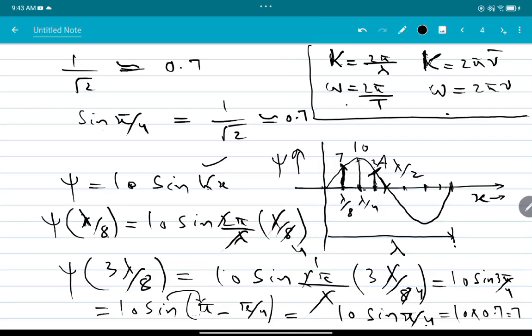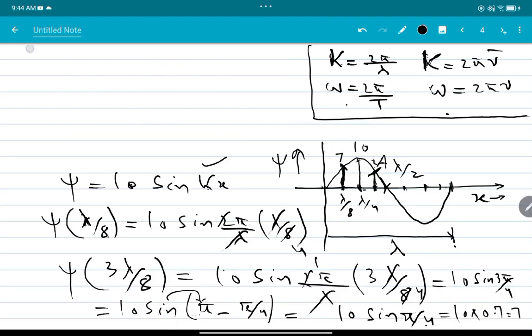Now the interesting thing is what we saw at x and the value of psi. At x equal to 1 lambda by 8, the value of psi was 70%.